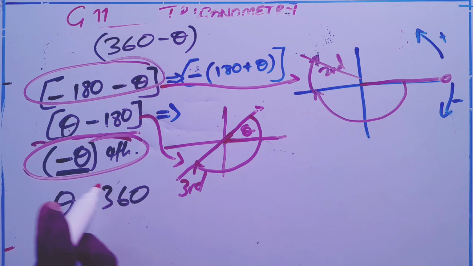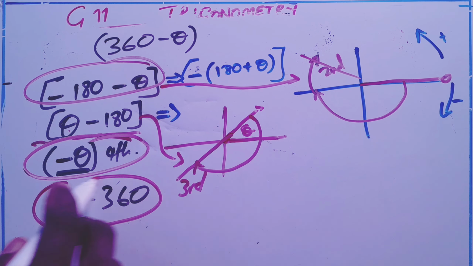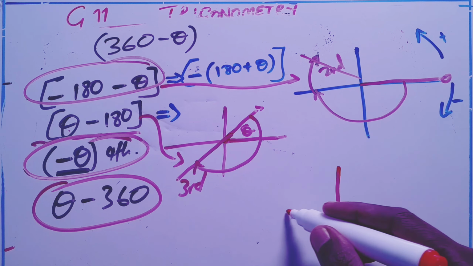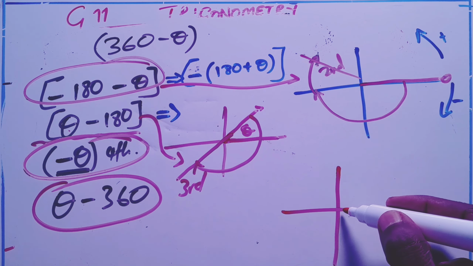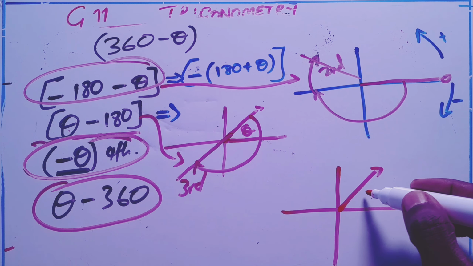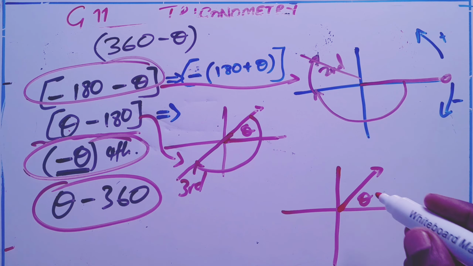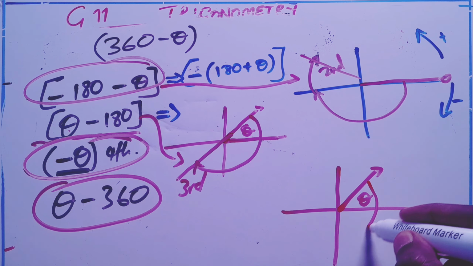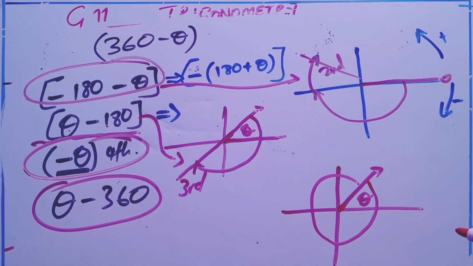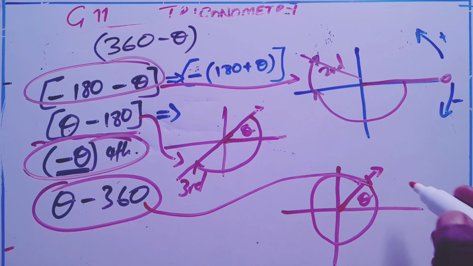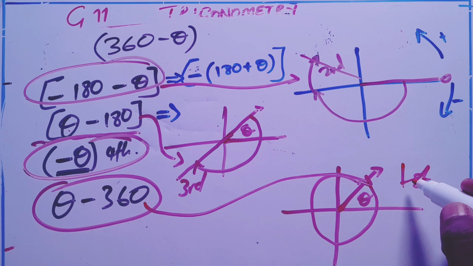So let's take a look at theta minus 360. Again, with a Cartesian plane like this, theta only falls in the first quadrant. But now it is saying theta minus 360, and you know that 360 is a revolution. So this is going to be like that. So theta minus 360 falls in the first quadrant.